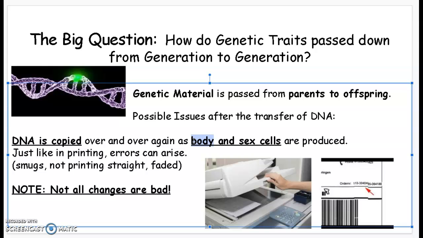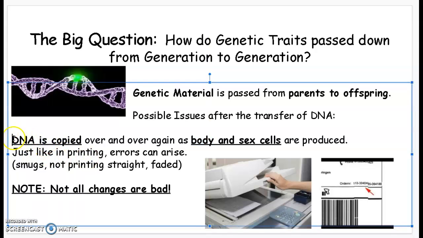They make copies of each other. And so in reproduction, DNA is copied over and over again because you need to make copies. As you make more cells, each cell needs a copy of that DNA. Body cells get one full set of DNA. Sex cells, sperm and egg, only get half.